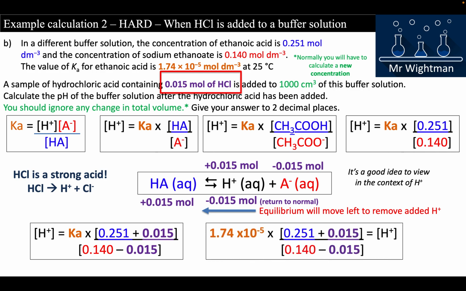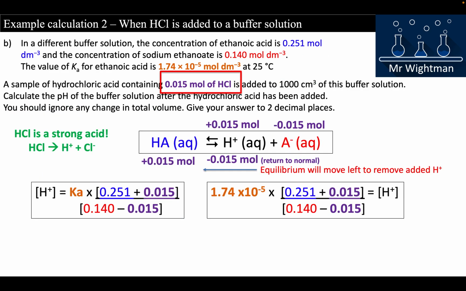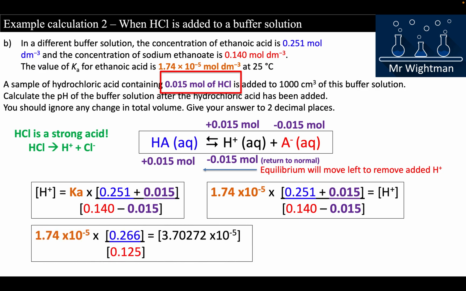Putting in those values, I can then calculate H+. So using the value for Ka, 1.74 times 10 to the minus 5 times the new value for the ethanoic acid, HA, divided by the new value for my A minus salt will give me 3.70272 times 10 to the minus 5.